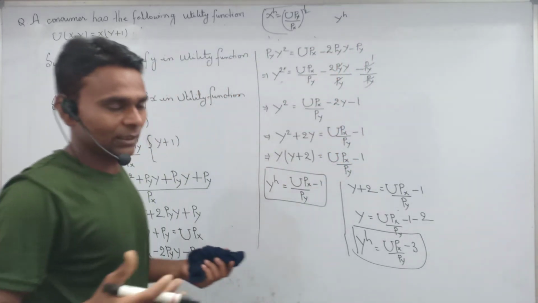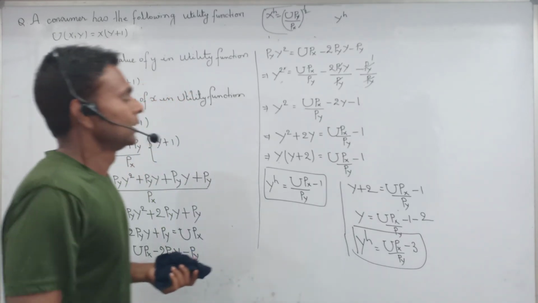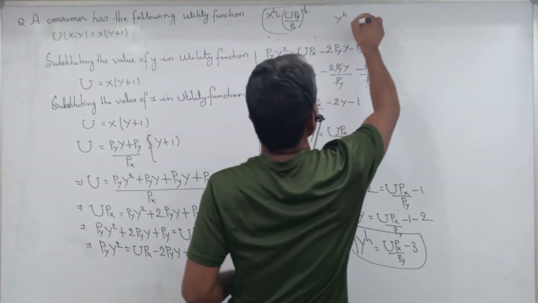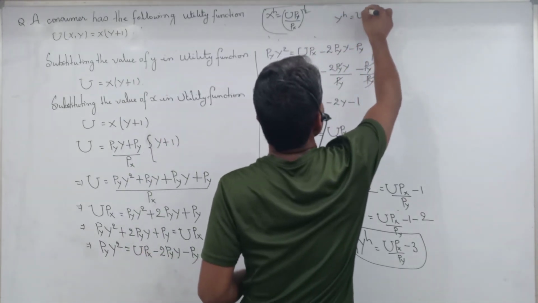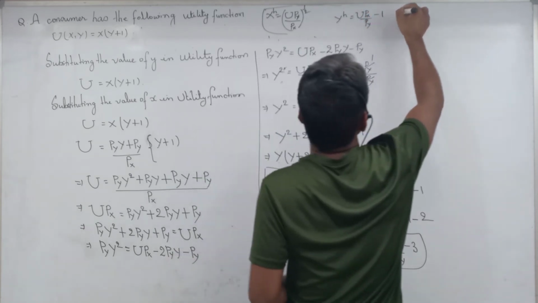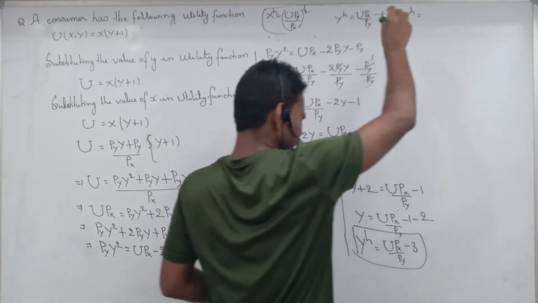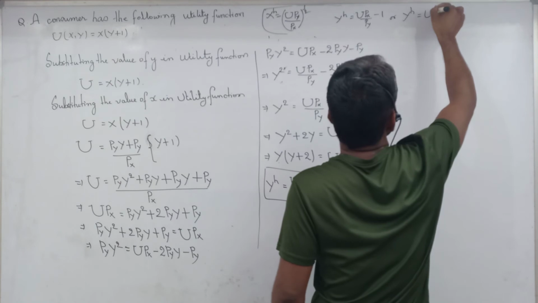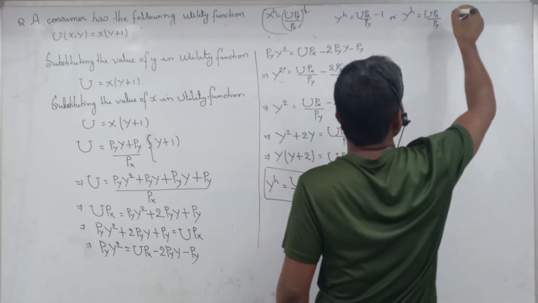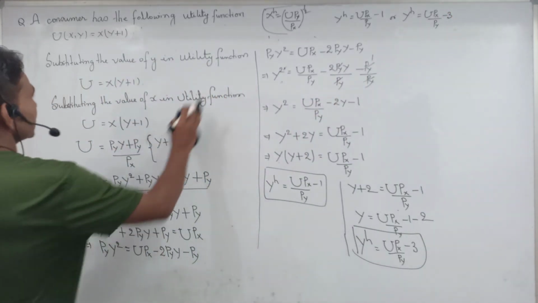So certainly we can get the expenditure function. yh equal to u times price of x by price of y minus 1, and yh equal to u times price of x by price of y minus 3.